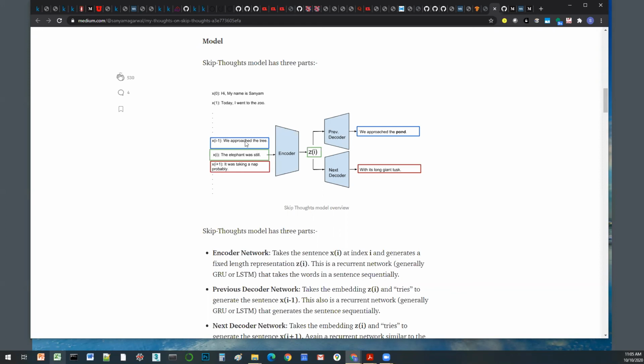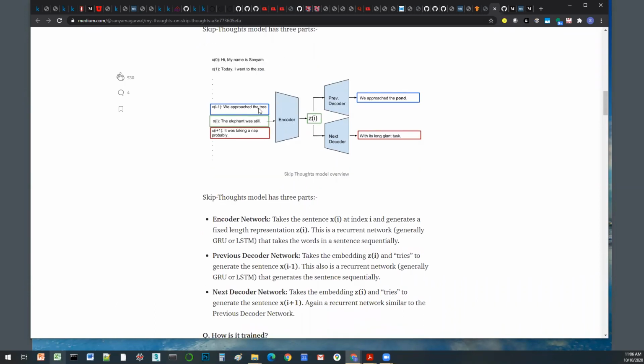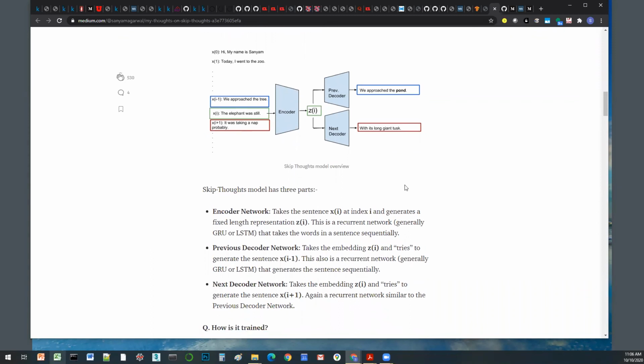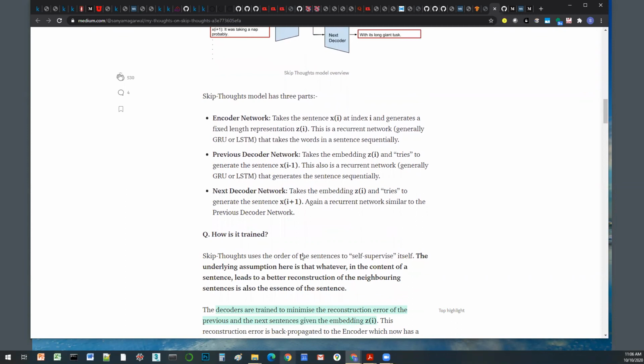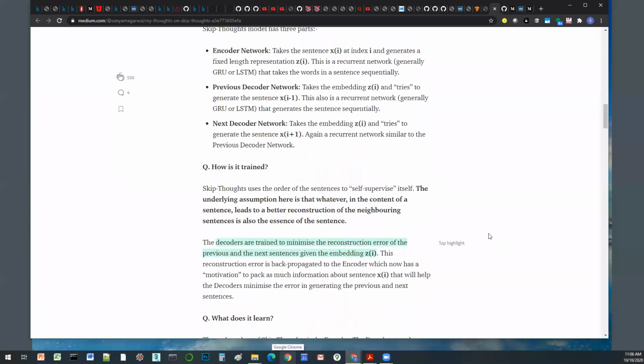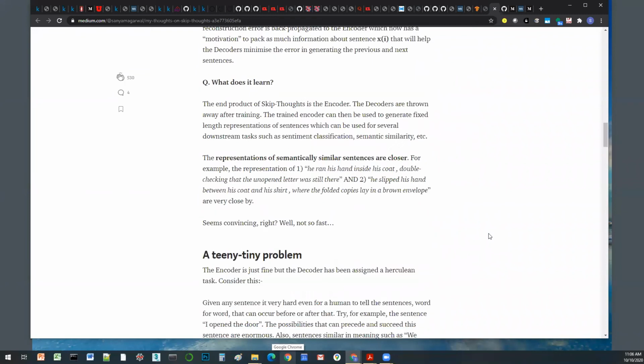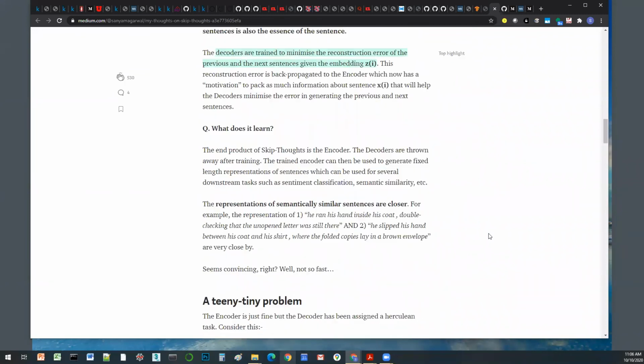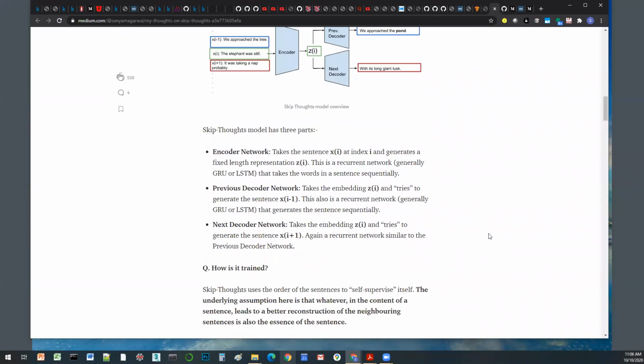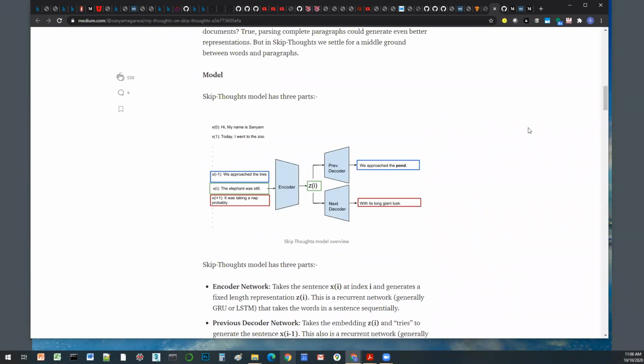What's fascinating is you use the previous sentence, the current sentence, and the next sentence in the encoder-decoder structure. He talks about how it is trained, and as I said, it's almost like training an analog, not exactly the same. I'm sure the universal sentence encoder is much more nuanced and sophisticated, because it's modern, whereas this is again several years old.